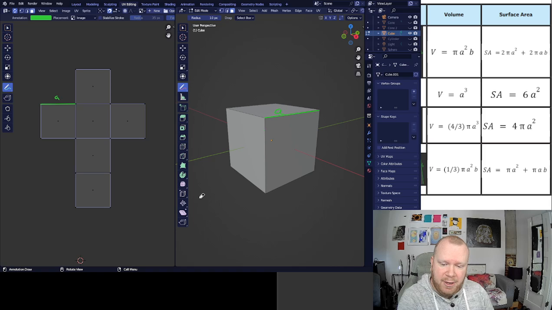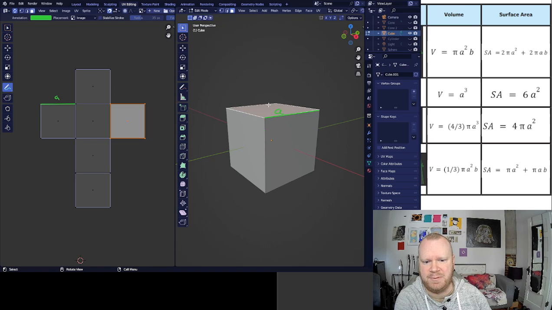In terms of the volume, you've probably heard before that the volume of a rectangular prism like this is going to be the base, which you can think of as this face here, A times A, and then you multiply that by the height of the object, which is also A. So length times width times height is A times A times A, or the volume, you can see over here on the right, is going to be A cubed.